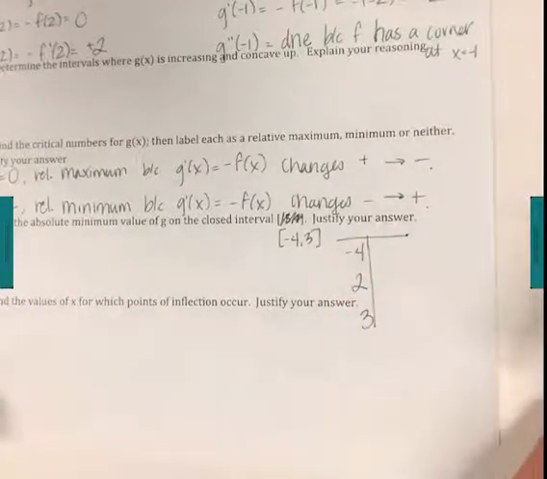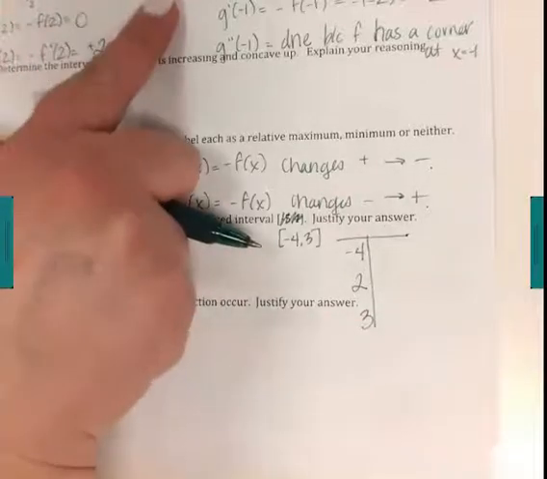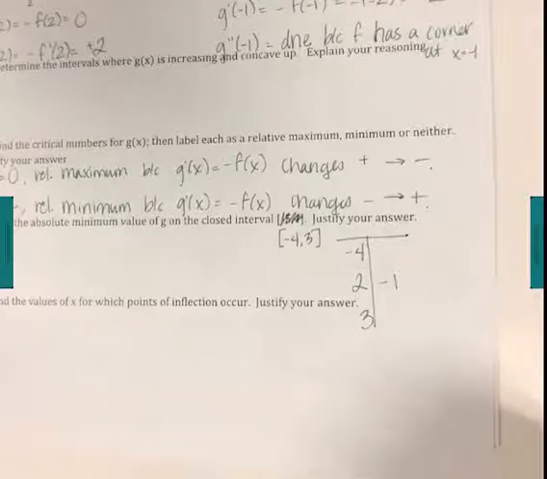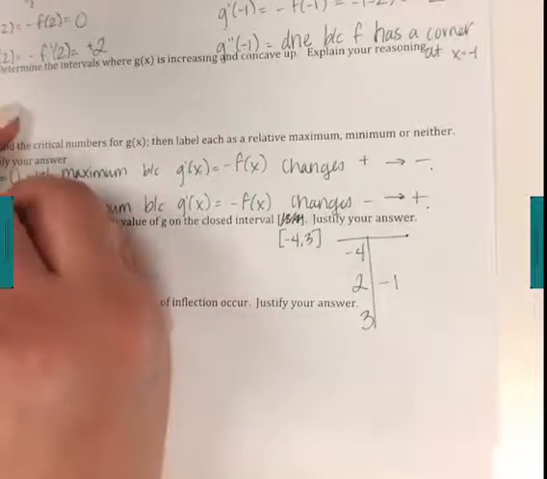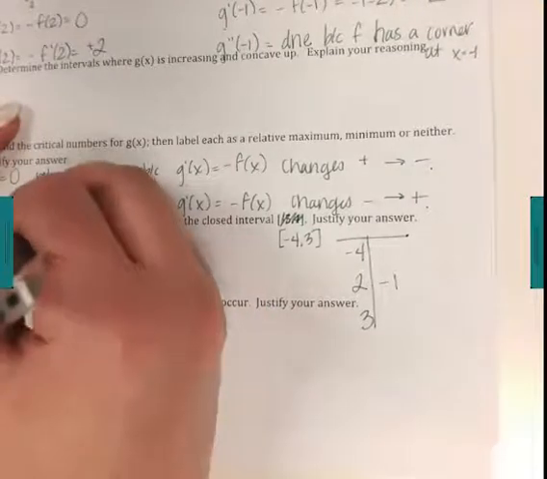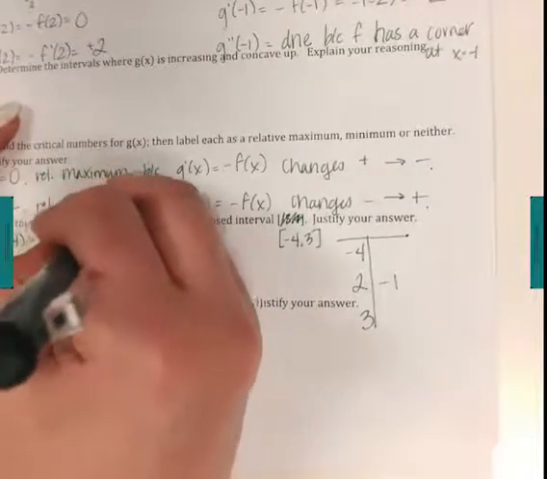And did I already find g of 2 in part A? What was g of 2? Negative 1. So I'm not going to go back and find that. I need to know g of negative 4 and g of 3. Let's do g of negative 4 first. Negative 4 goes in at the bottom of the integral.